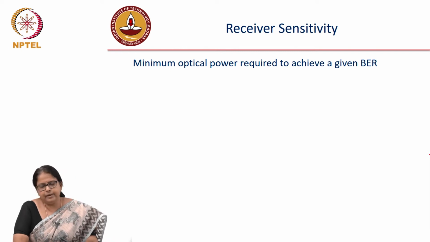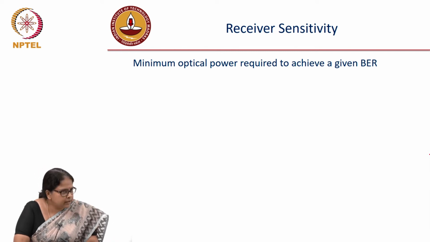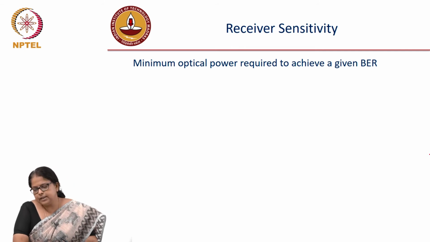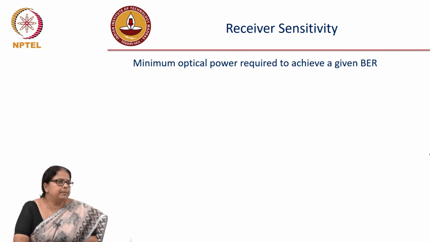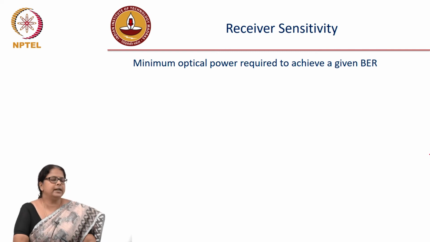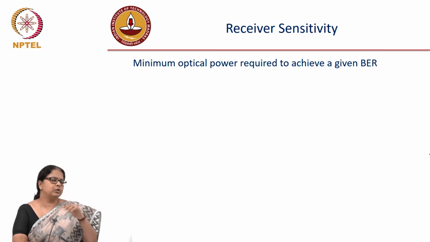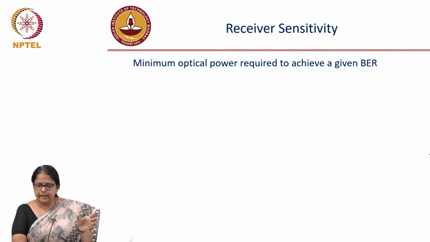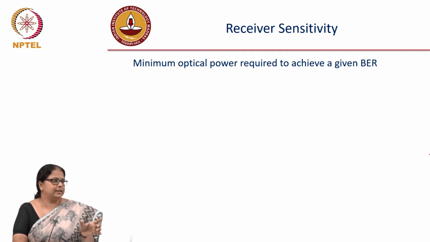But we define receiver sensitivity in a slightly different context. Receiver sensitivity is always the minimum optical power required for achieving a certain BER. It is not that you have to just detect it, you have to also meet a specific requirement of BER. So that's slightly different from the intuitive meaning of the word sensitivity, right?